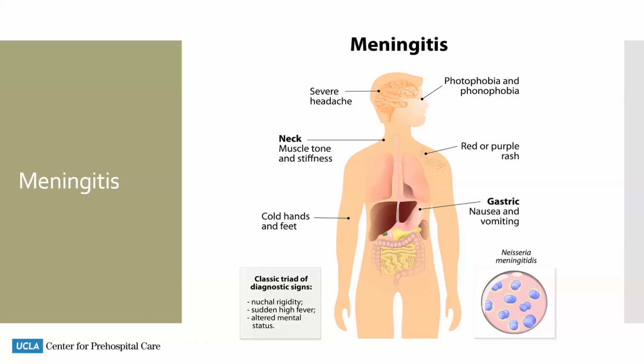Now, you may, in fact, have a rash. If there's a rash, there's something I want to mention to you about that. If you have a rash and you can't blanch it, meaning when I push on that rash, it doesn't lose its color, if it stays the same color when I push on it, that means it's not blanching. It's a non-blanching rash.